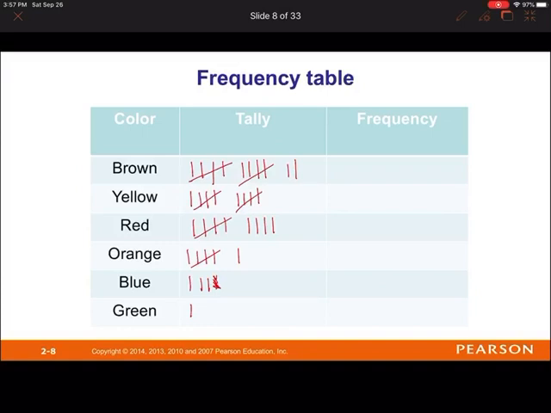That's apparently another thing I have to learn. Okay, so there are 3 blue and there are 5 green. So your frequency, you're just counting up the tally marks that you have. So I have 12, 10, 9, 6, 3, and 5.